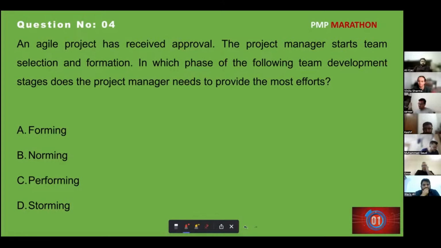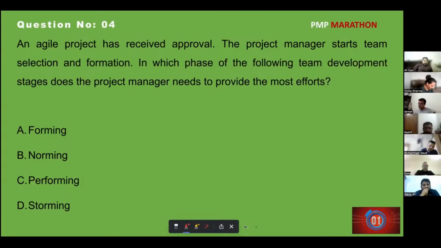Okay, let's go with the elimination technique. Justify your answer, sister. Forming is the first stage, when we are collaborating for the project, where we decide who will be part of this project. So that's where forming comes.